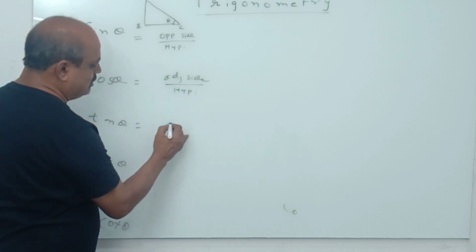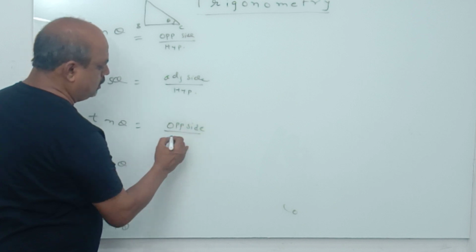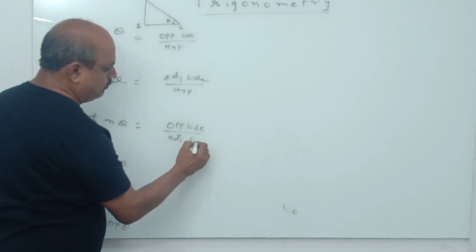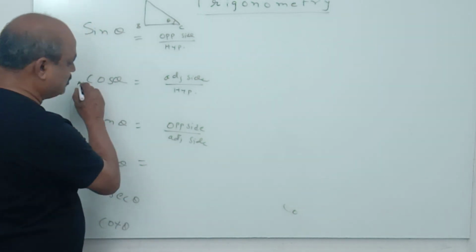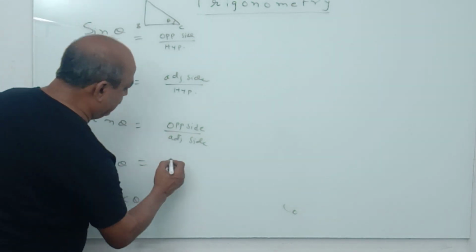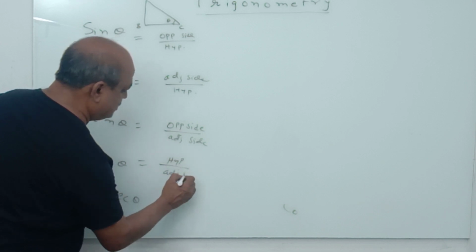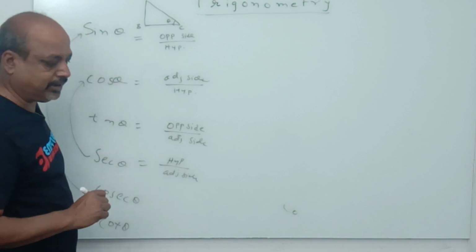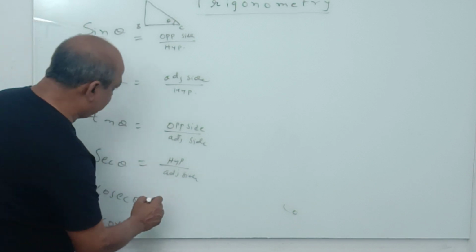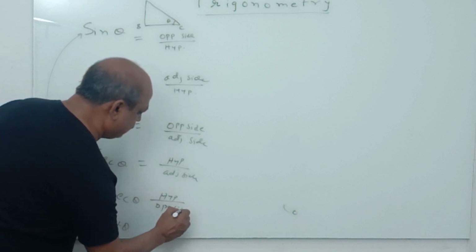Tan theta is opposite side upon adjacent side. Then sec theta is the reverse ratio of cos theta, so we can write it as hypotenuse upon adjacent side. Cosec theta is the reverse ratio of sin theta, so that would be hypotenuse upon opposite side.